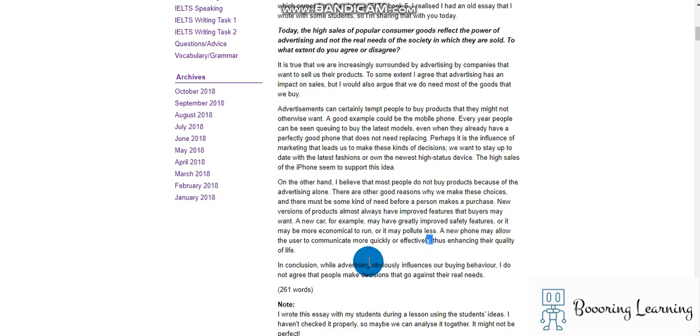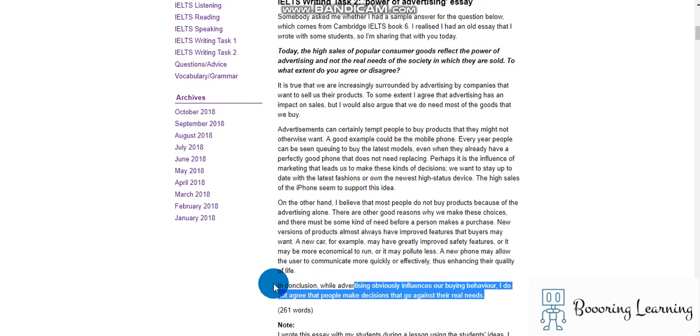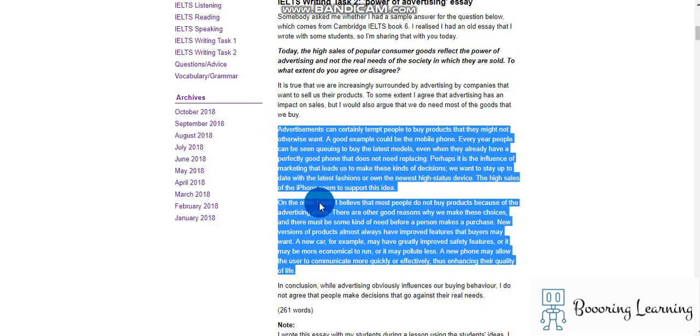In conclusion, while advertising obviously influences our buying behavior, I do not agree that people make decisions that go against their real needs. Okay, also be careful, your conclusion must be relevant to your previous ideas.